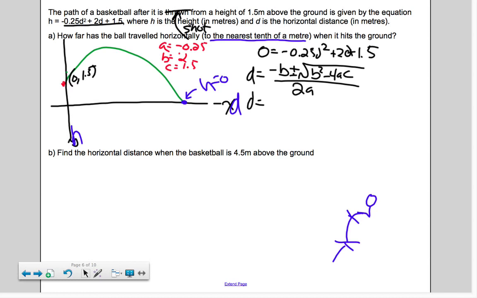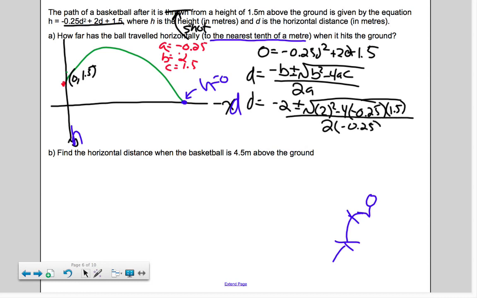So just show your work, write it out. That way you can plug into the formula easy. So negative B is negative 2 plus or minus the square root of 2 squared minus 4 times A, which is negative 0.25, times C, which is 1.5, all over 2 times negative 0.25.